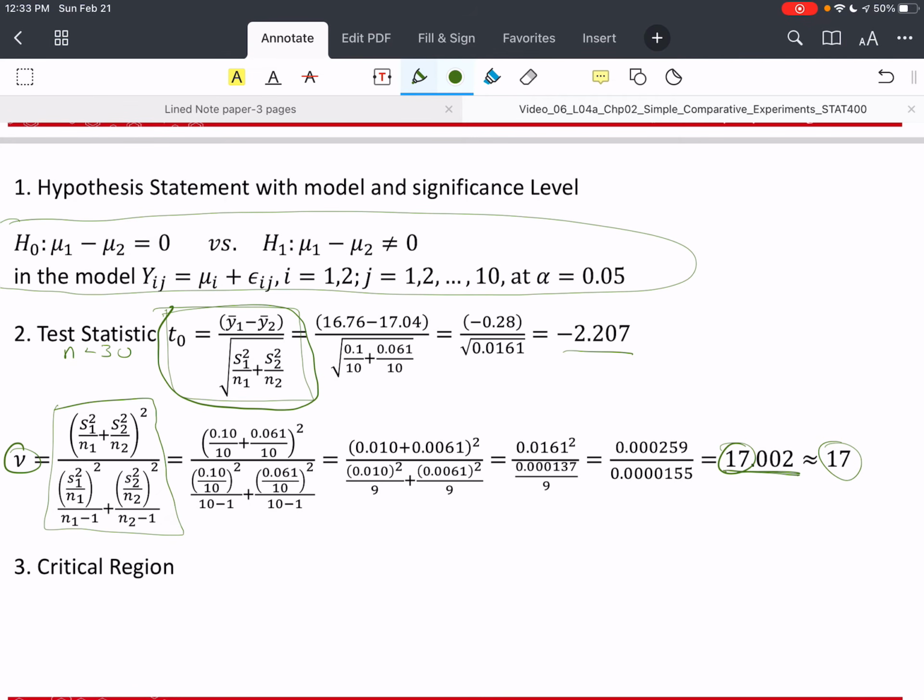Alpha is still 0.05. Alpha over 2 is still 0.025. We need t of alpha over 2, nu, which is going to be t of 0.025, 17 in this case. Why?